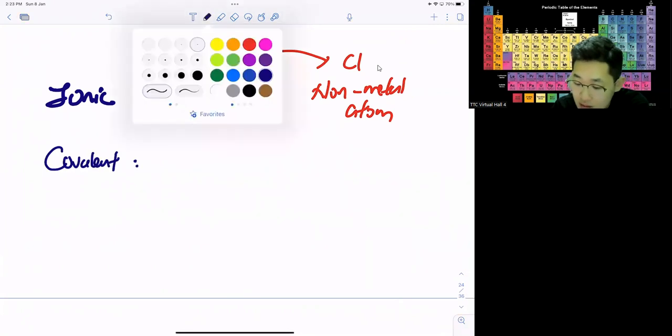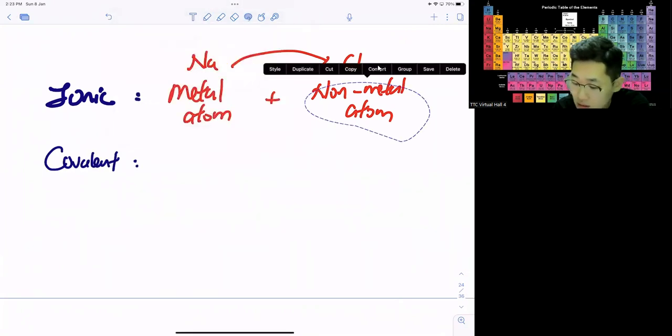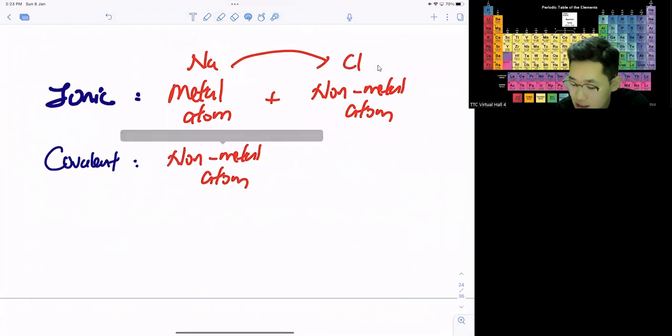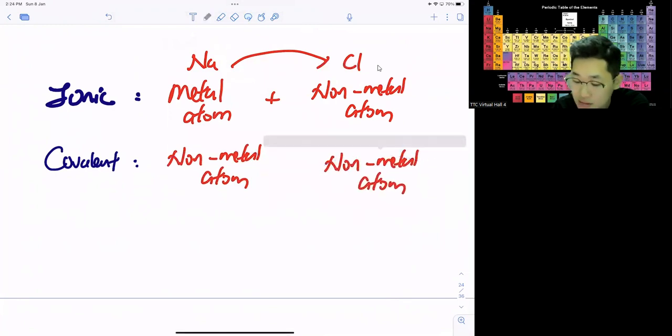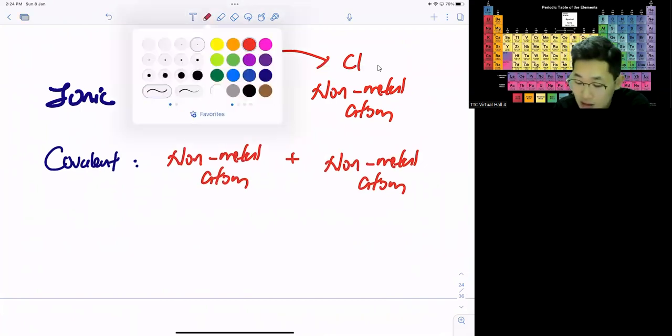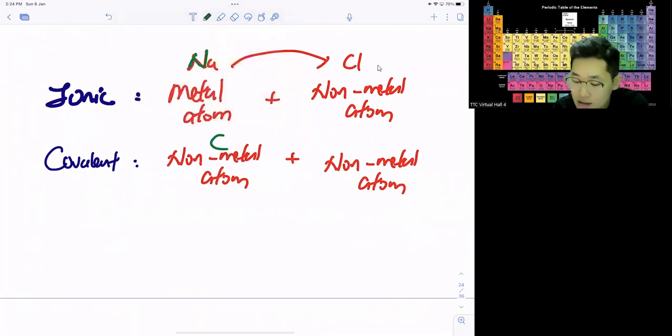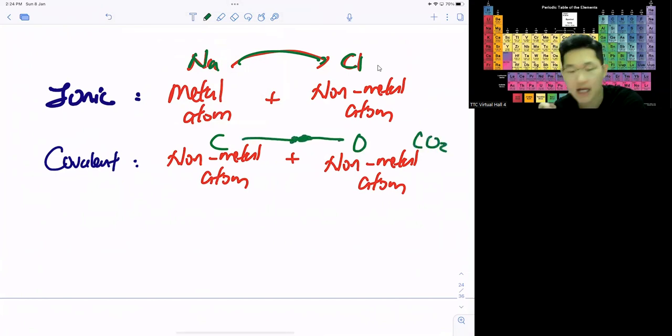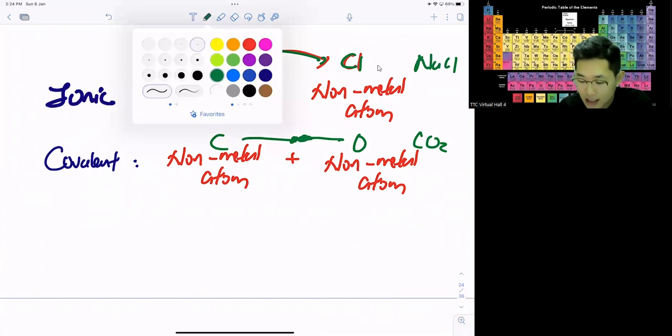Covalent is non-metal atom plus non-metal atoms. For example, carbon and oxygen, they share electron to become carbon dioxide.